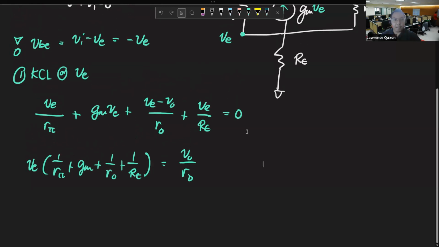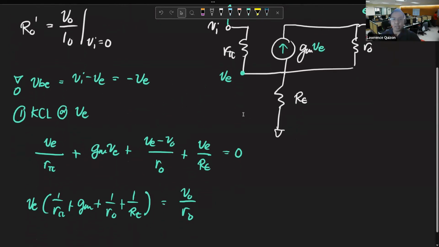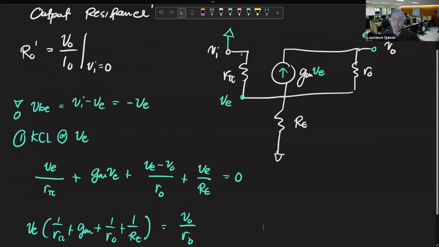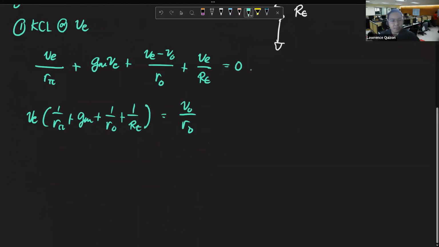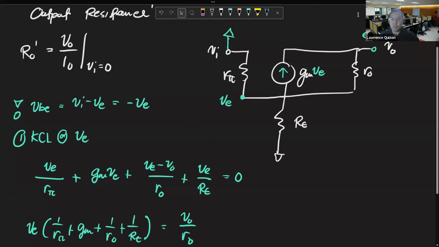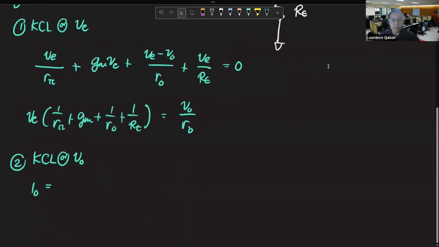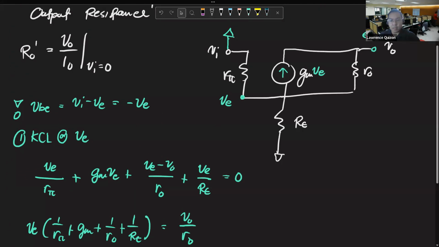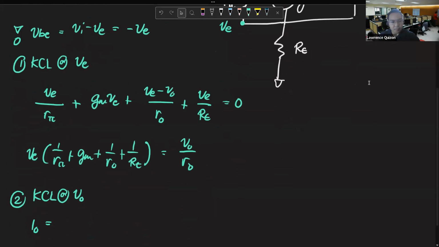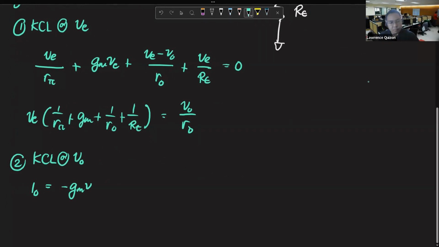Alright. And then, number 2, let's do KCL at V out. So all we really need to say here is I out is equal to negative GMVE plus V out minus VE over R out.